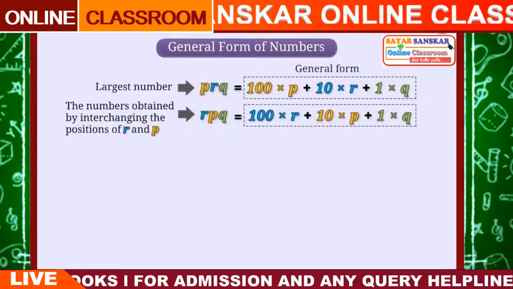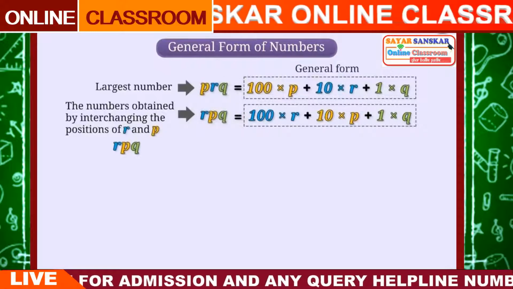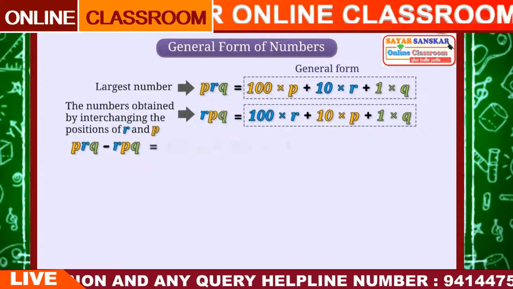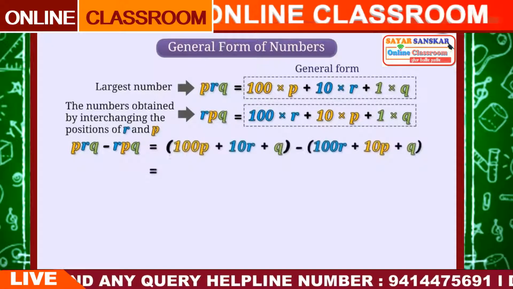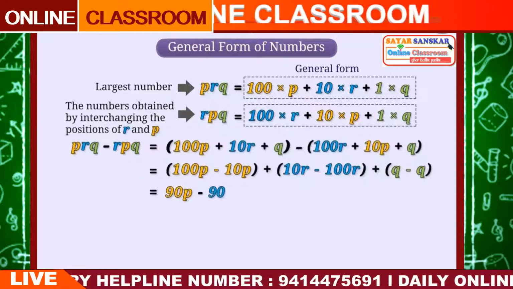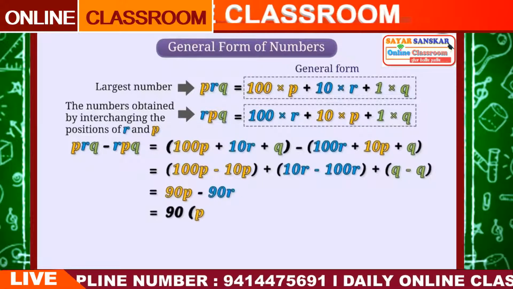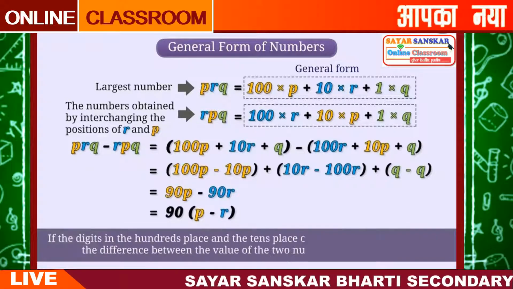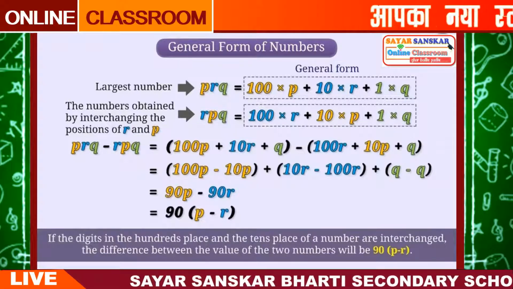We can write PRQ minus RPQ like this. Thus we get the result 90p minus 90r, that is 90 into p minus r in brackets. In this way, if the digits in the hundreds and the tens place in a number are interchanged, the difference in the value of the number will be 90 into p minus r in brackets. We can use it as a formula.